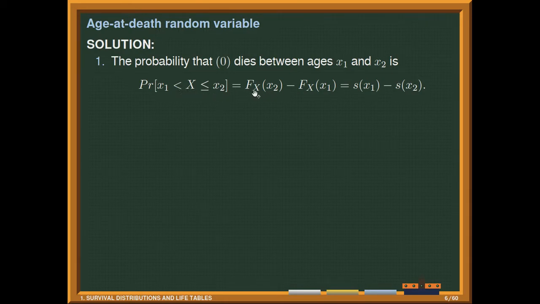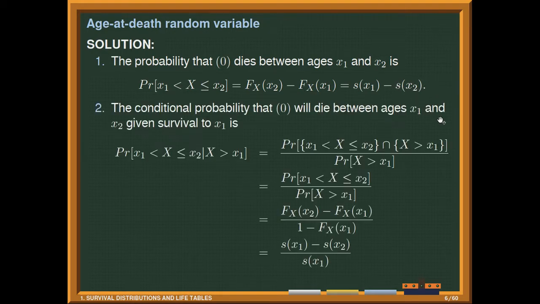So in terms of the CDF of X, that can be expressed this way: the CDF of X evaluated at small x2 minus the CDF of X evaluated at small x1, which is equal, in terms of the survival function, to s of x1 minus s of x2.